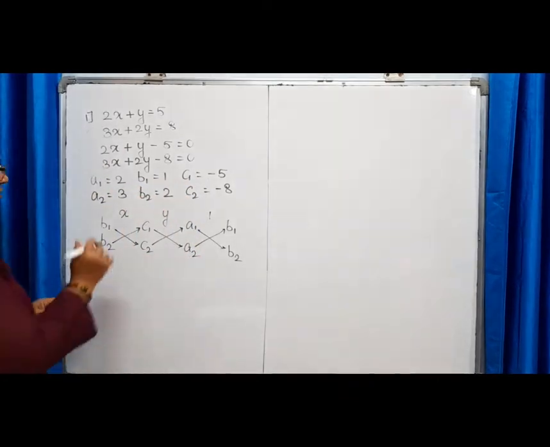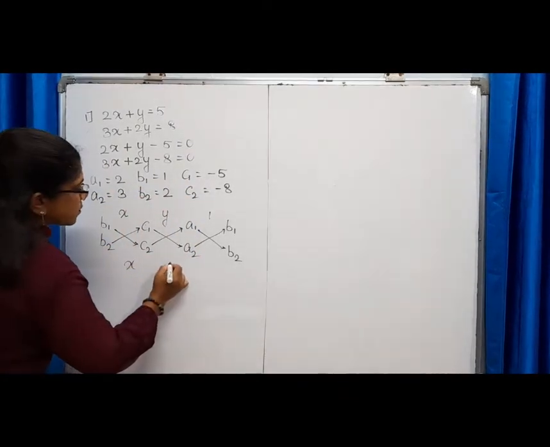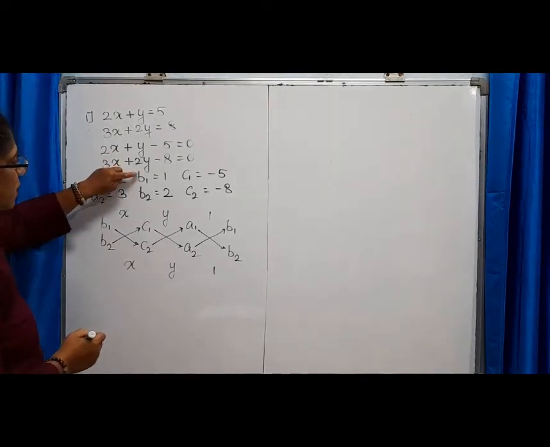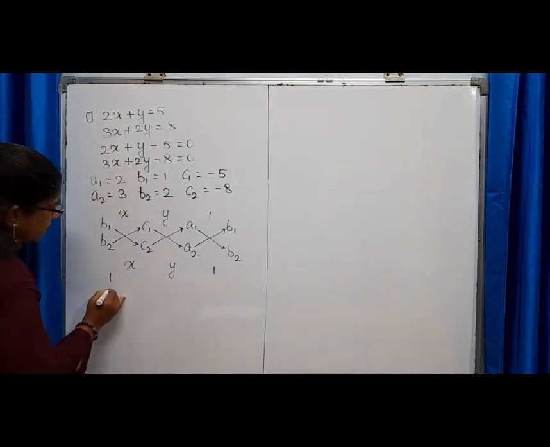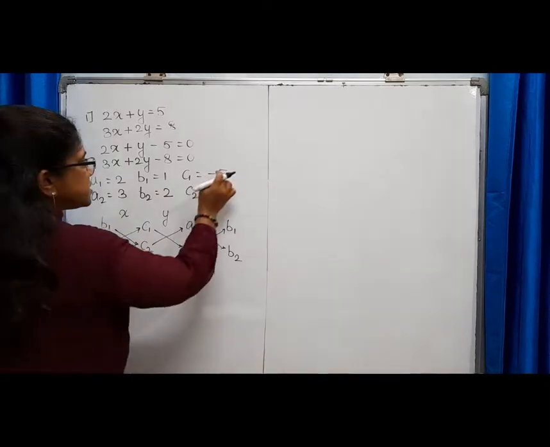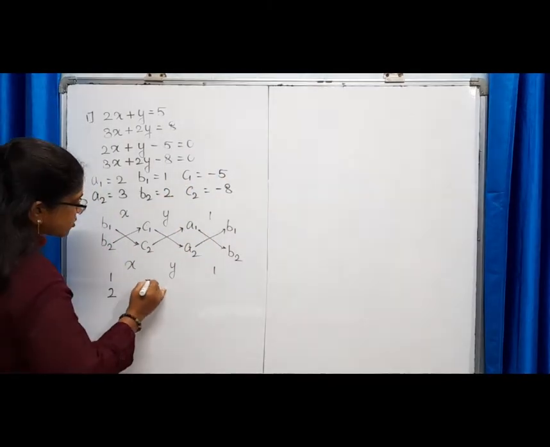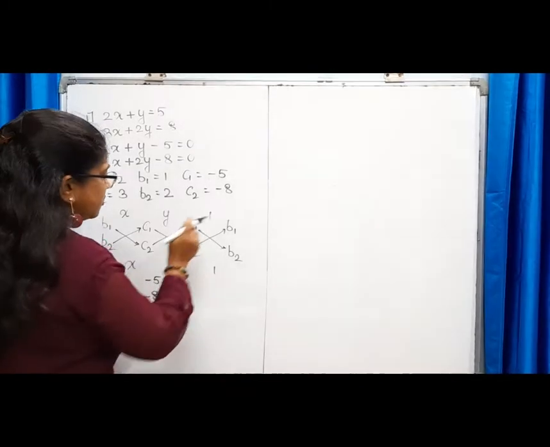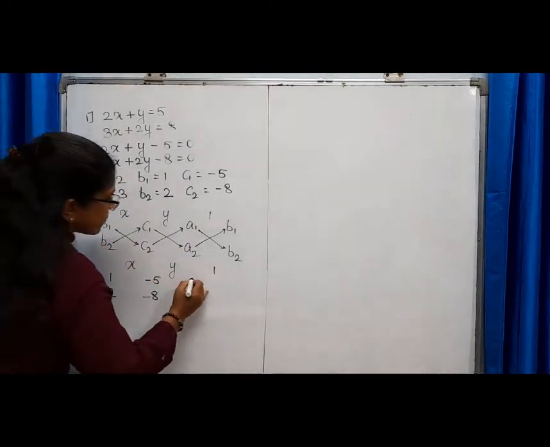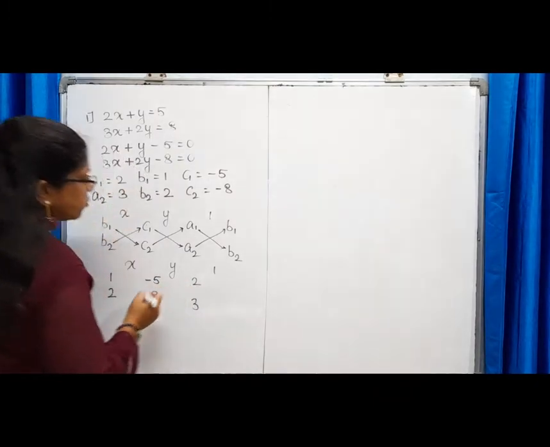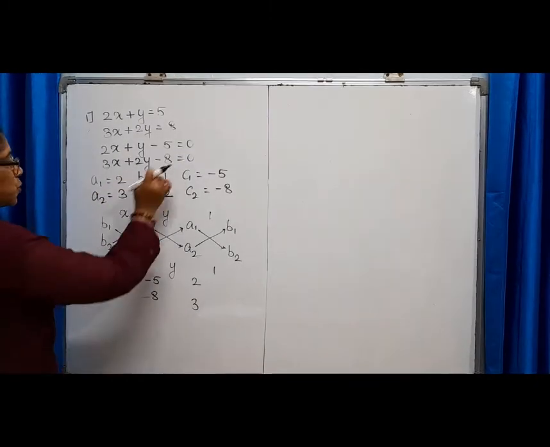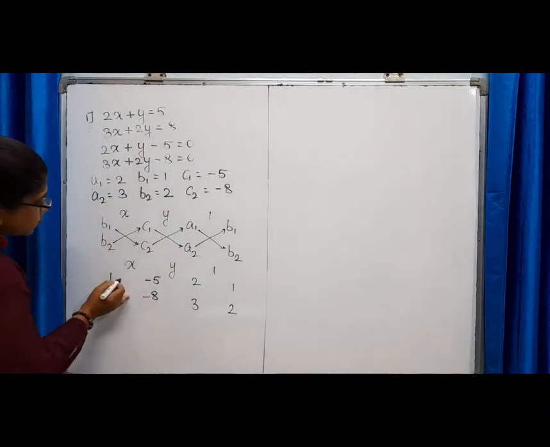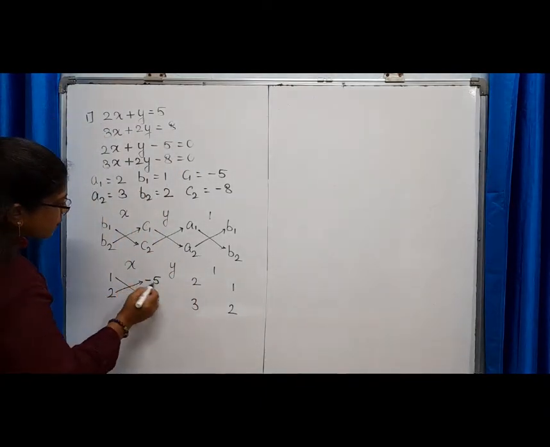Let us write these values. x, y and 1. b1, b2: 1 and 2. c1, c2: minus 5, minus 8. Then a1, a2: 2 and 3, and again b1, b2: 1 and 2. Fine. Now what we have to do? Cross multiply.